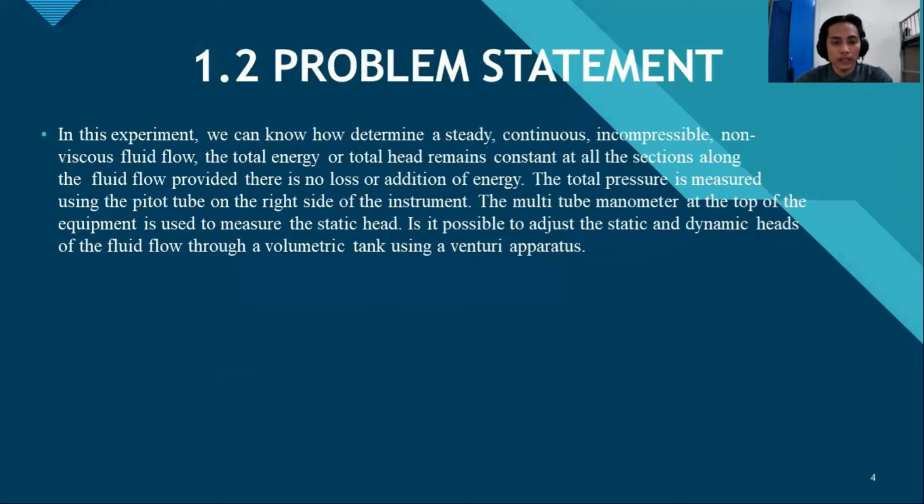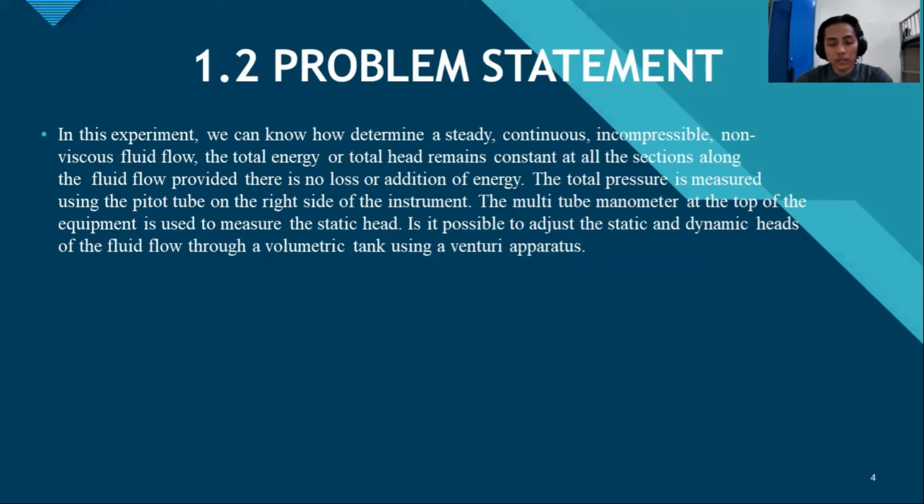Okay. Next is the problem statement. In this experiment, we can know how to determine a steady, continuous, incompressible, and non-viscous fluid flow. The total energy or total head remains constant at all the sections along the fluid flow, provided there is no loss or addition of energy.